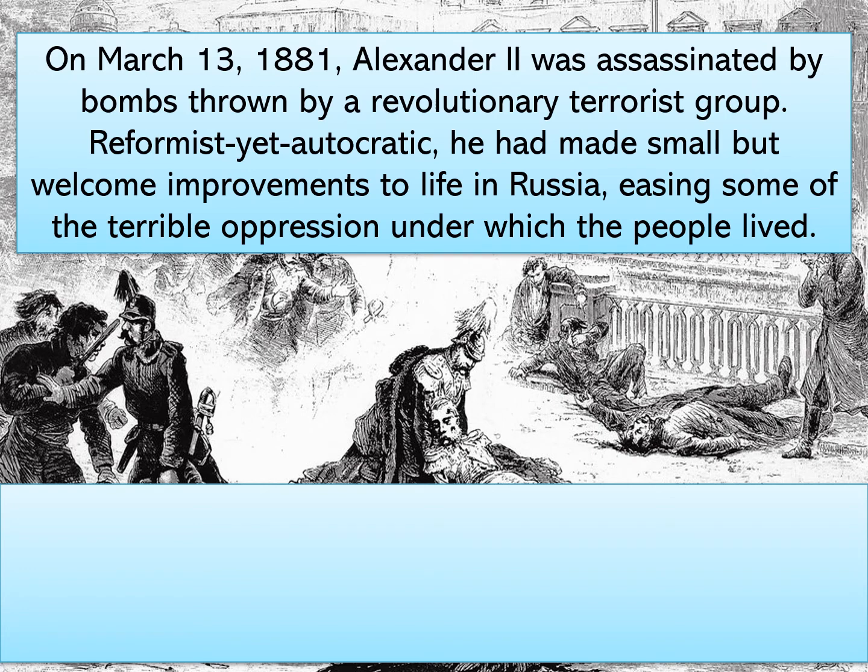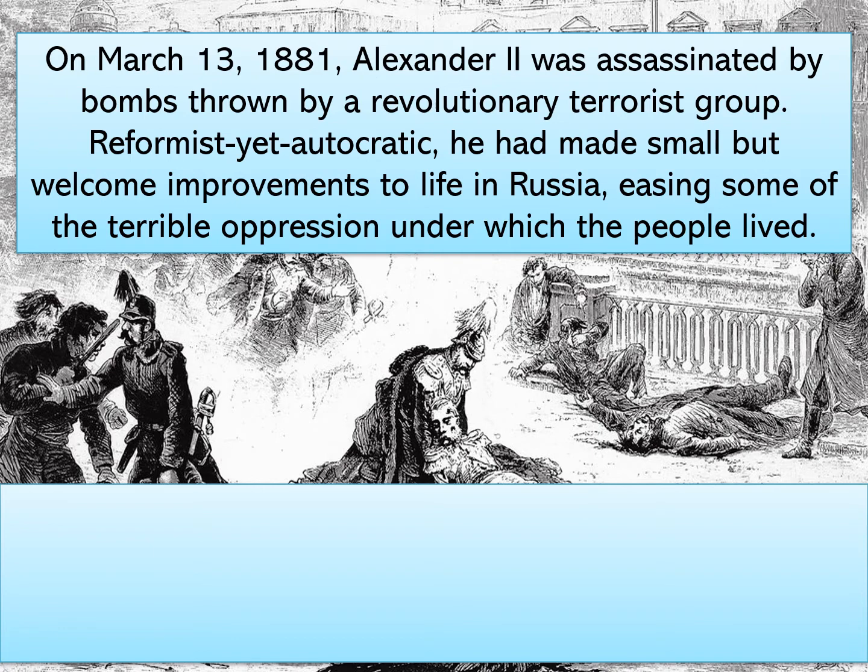So, a good starting point is to think about why Alexander III was this epitome of autocracy. Now, his father, Alexander II, had been quite a revolutionary thinker in some ways in terms of what he actually wanted for his country.